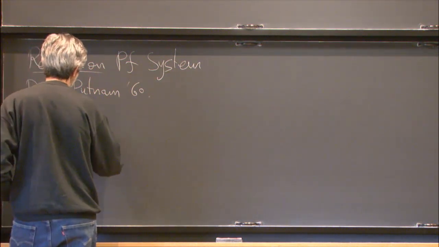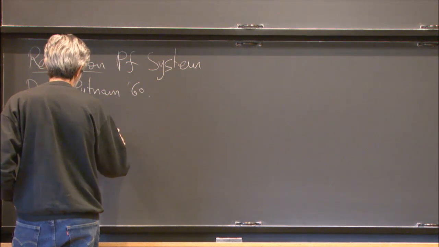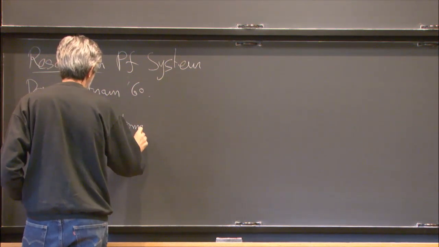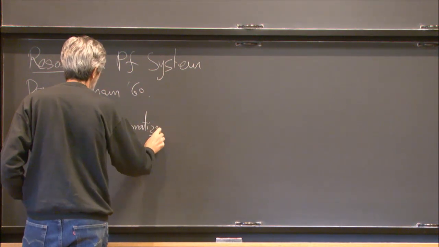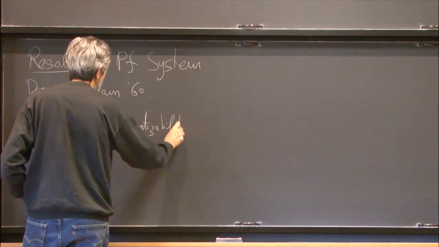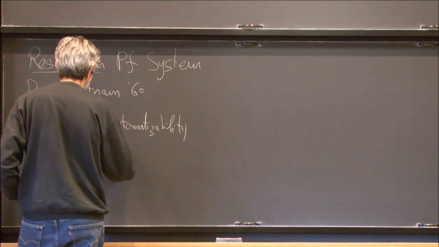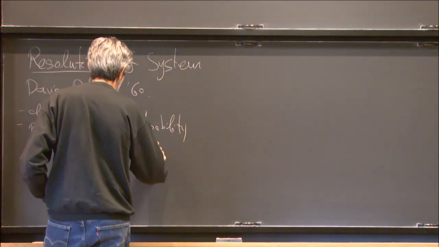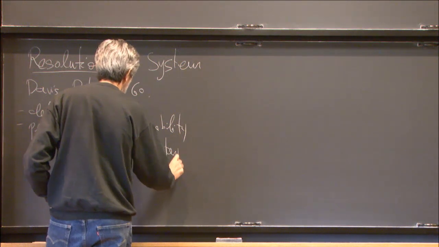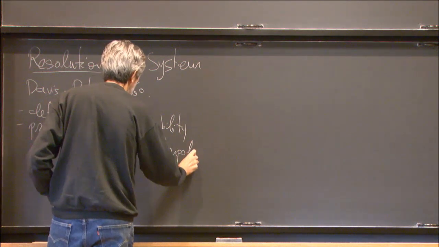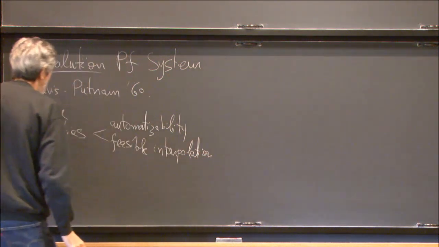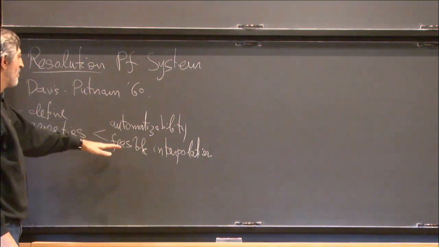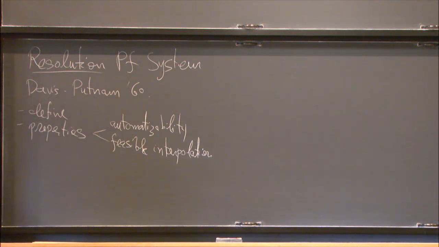In particular, two important ones are automatizability and feasible interpolation. And both are important. This is, in an obvious way, this in a less obvious way, related to proving lower bounds.